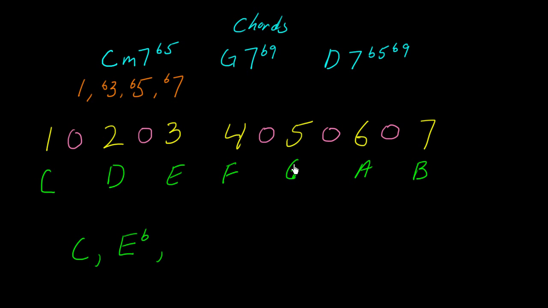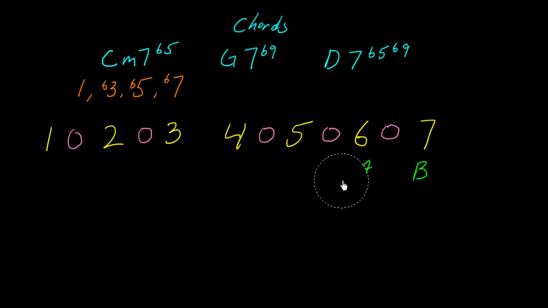Flat 5, normal 5 is a G. You're going to flat that G, which becomes a G flat. And a flat 7, B is the 7, but you're going to flat it, becomes a B flat. These 4 notes played together will be a C minor 7 flat 5 chord. Okay, let's go to the next one.